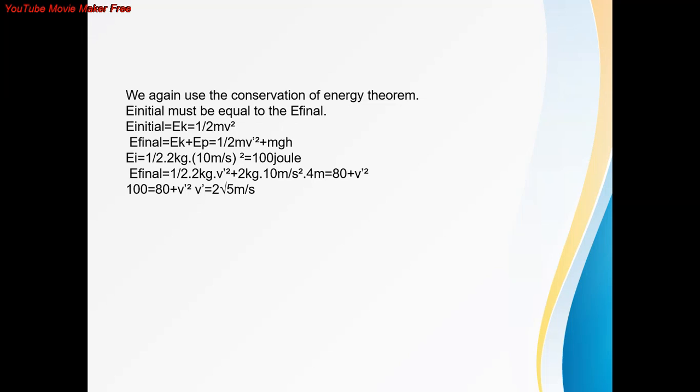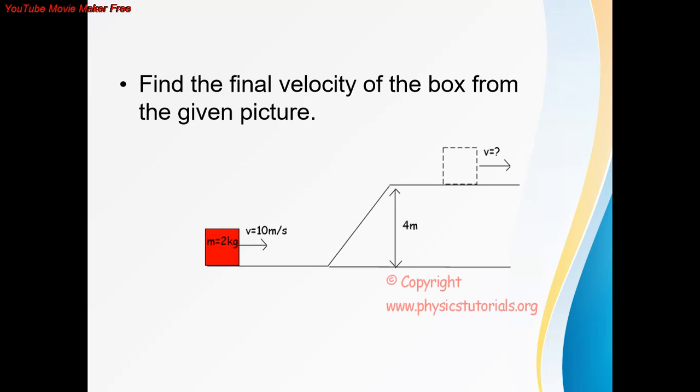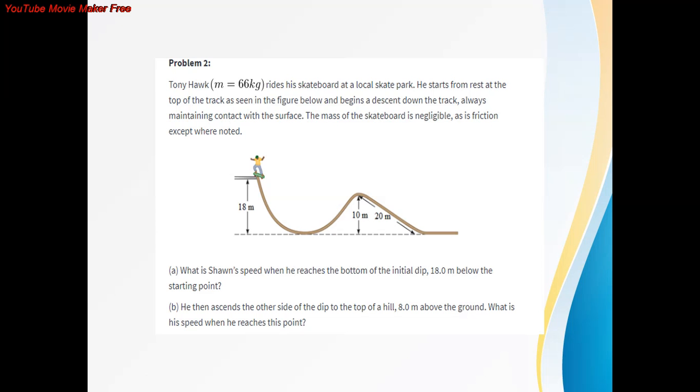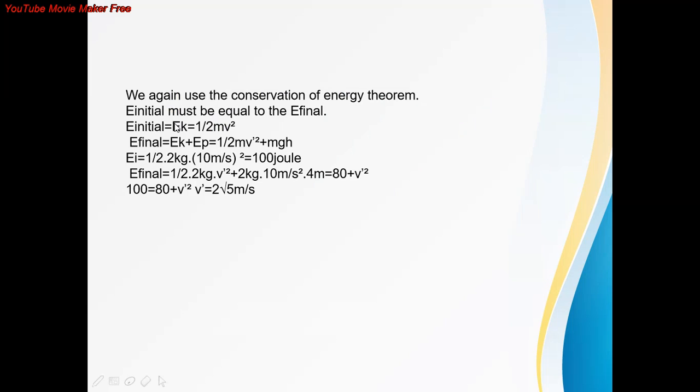Again, we have to use the conservation of energy theorem. We know E initial is equal to E final, that is total energy initial equals total energy final. Initially, there is only velocity here. There is no potential energy involved because there is no height movement. So initial energy will be equal to EK, that is 1 by 2 mv square.